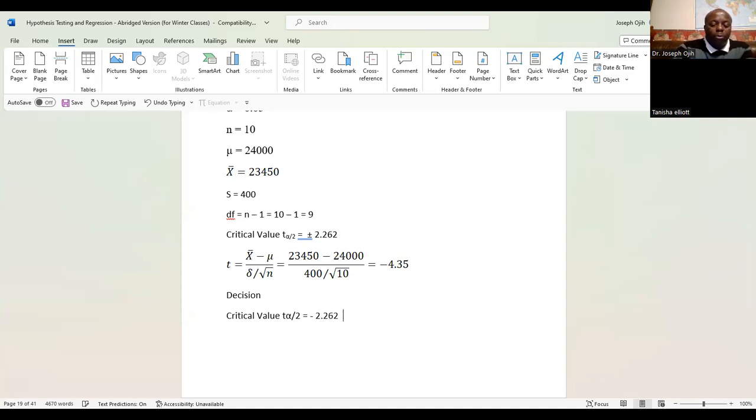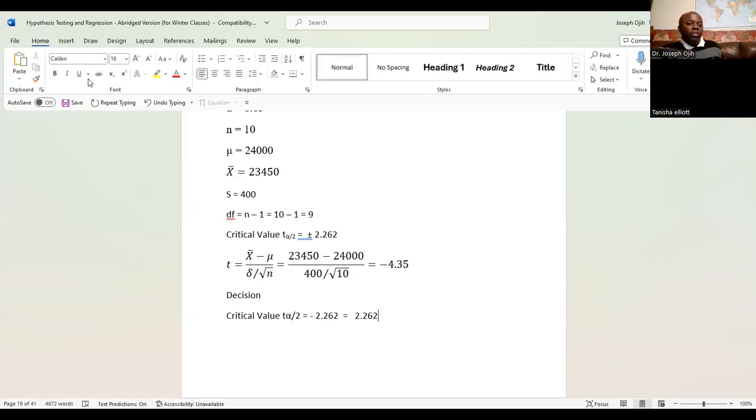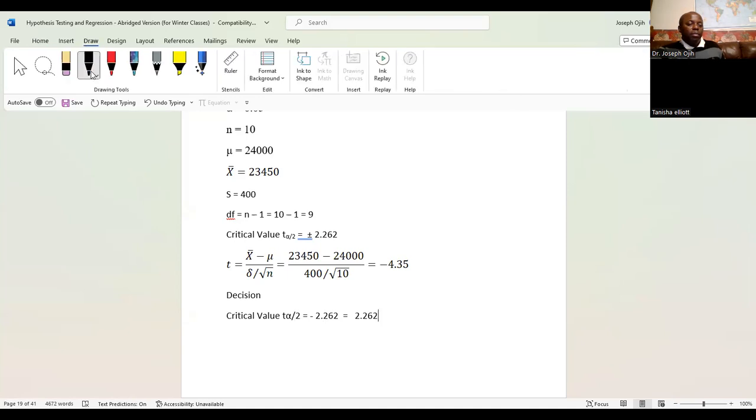But we'll be using the absolute value of that, which is 2.262. I'm sure you have learned absolute value when you were doing your algebra. Absolute value goes like this: the absolute value of a negative number is a positive number.